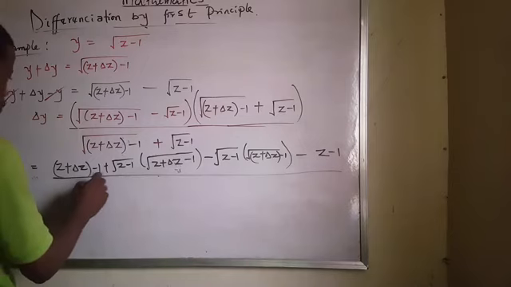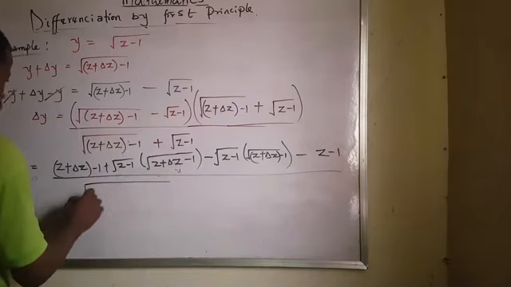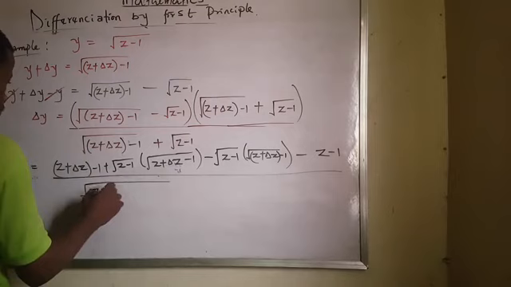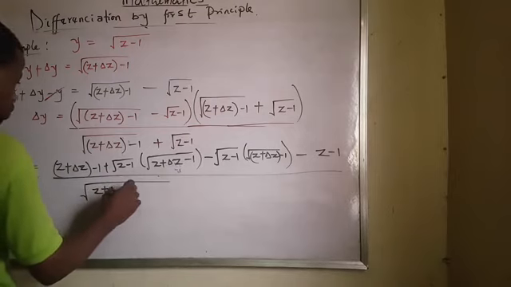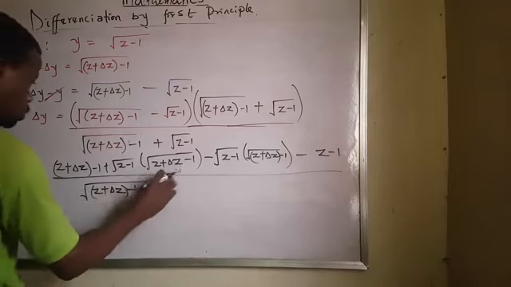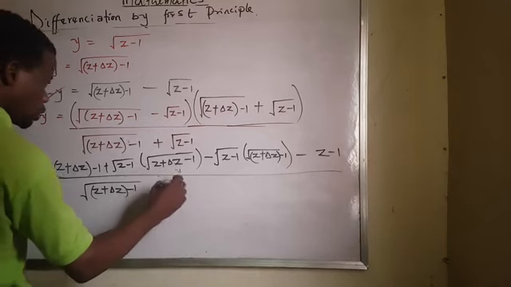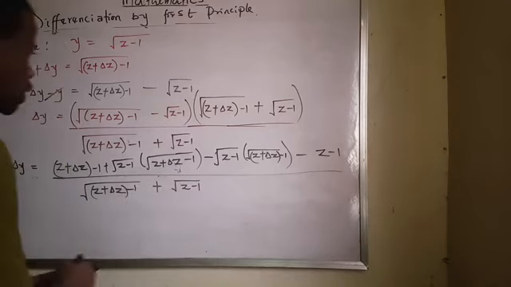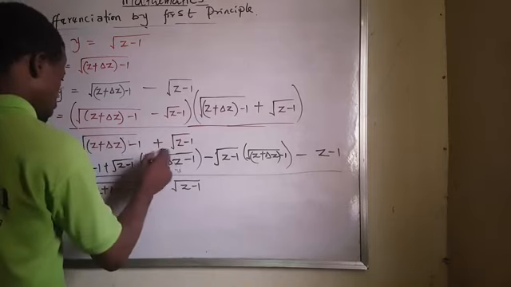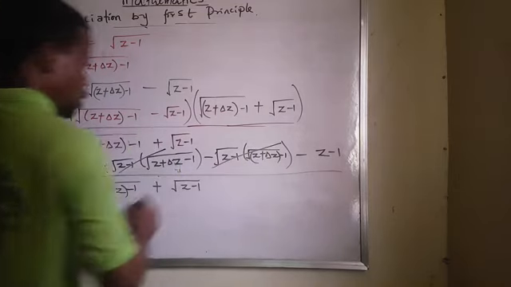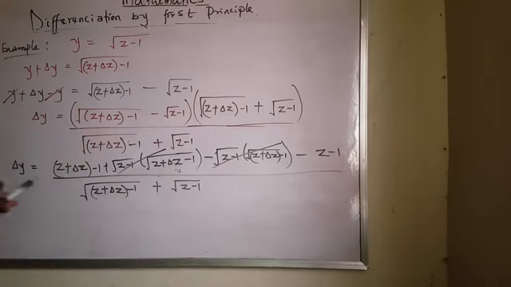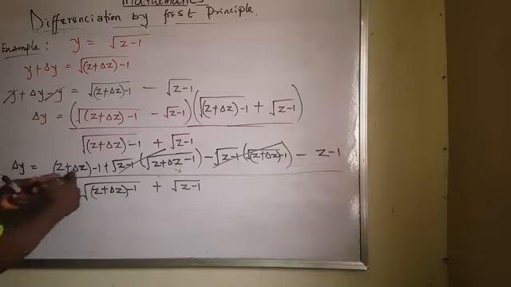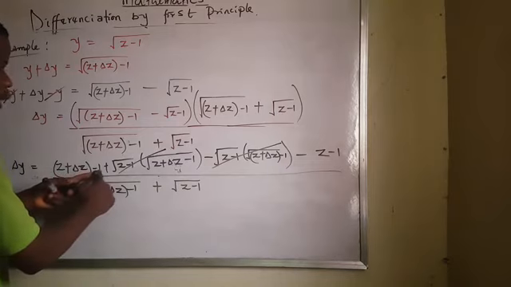Then everything over z plus change in z minus 1, then plus z minus 1. Don't forget, this and this will cancel out. They are the same thing, positive, negative. So gone. So here, we are going to be having z plus change in z minus 1.